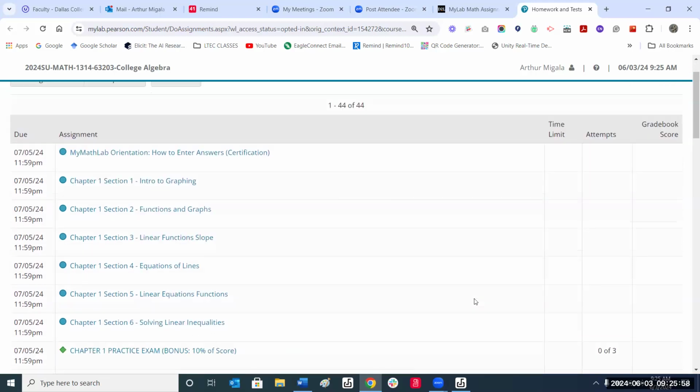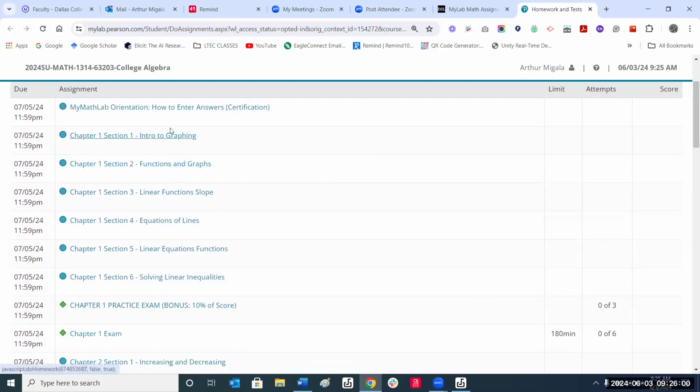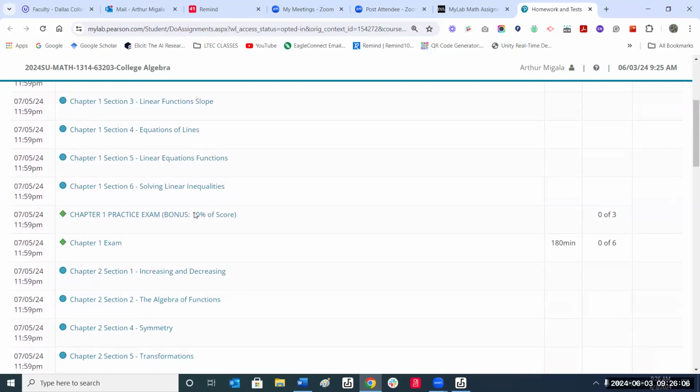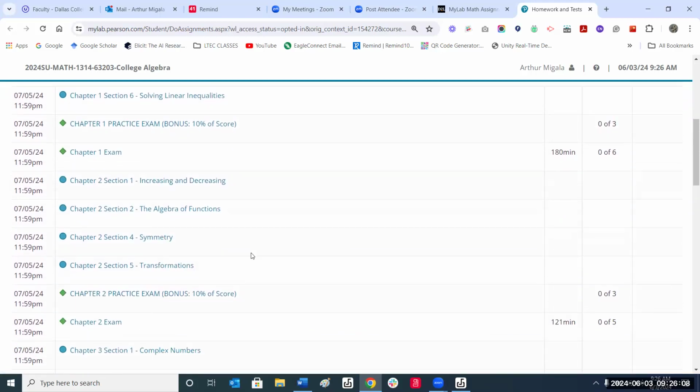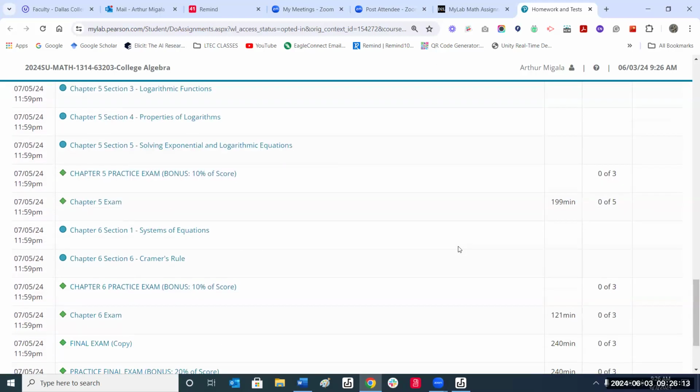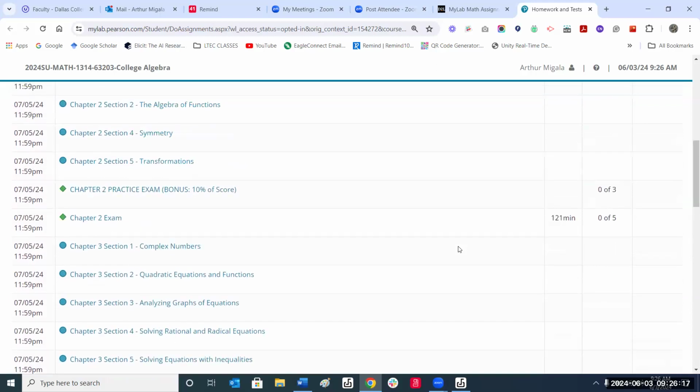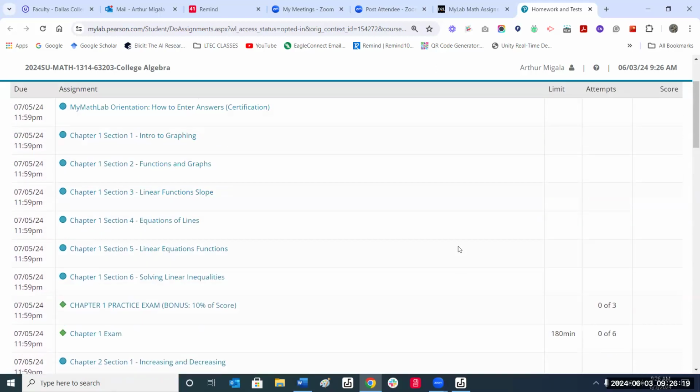So pretty much, if you want to, you can start. This is how we're going to go through the course. We're going to start with section 1.1 and move on. And once we finish that, we jump on the next. Fortunately, since we have 5 weeks, we will pretty much cover a section a day. Or if it's pretty quick and easy, we may do 2 sections.